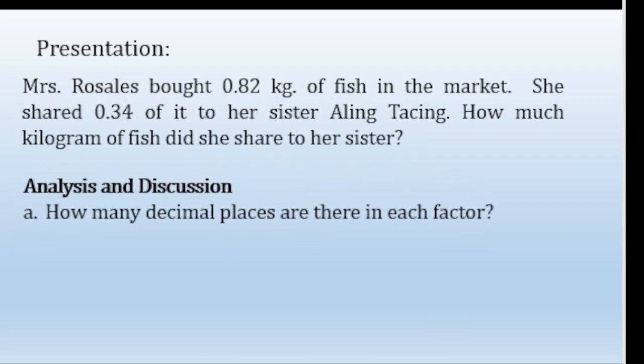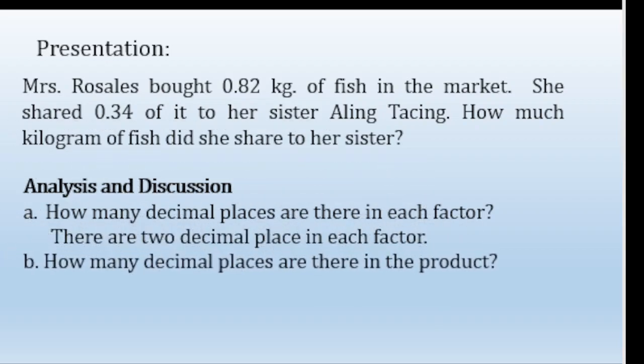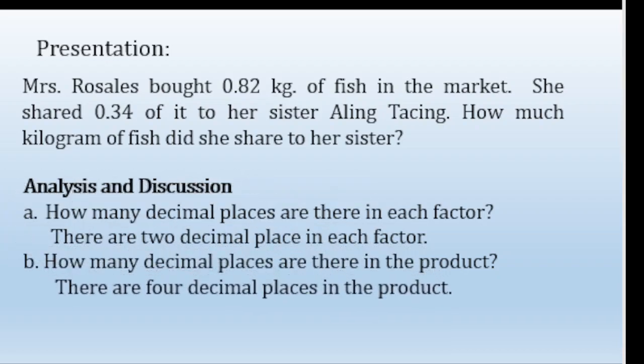How many decimal places are there in each factor? There are 2 decimal places in each factor. And how many decimal places are there in the product? There are 4 decimal places in the product.